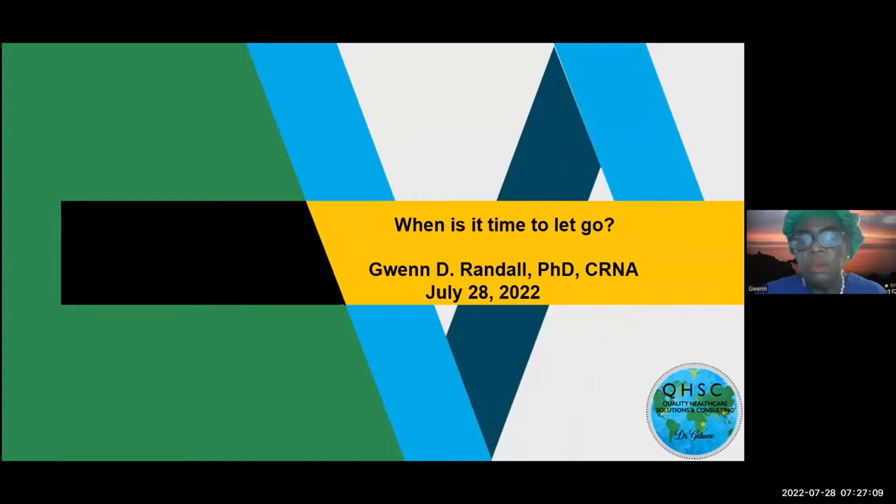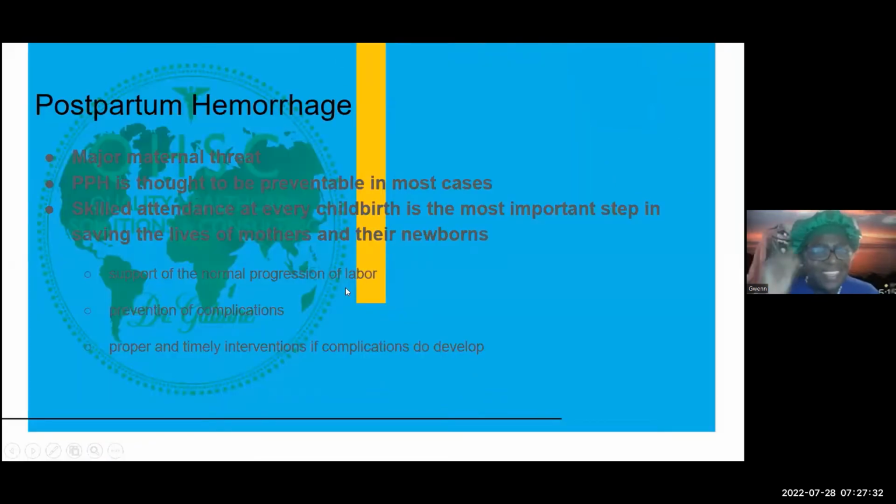All right, so my question was, when is it time to let her go? And so I'll be talking about some general postpartum hemorrhage. Not only in Tanzania, but also in the US, it's a major threat.